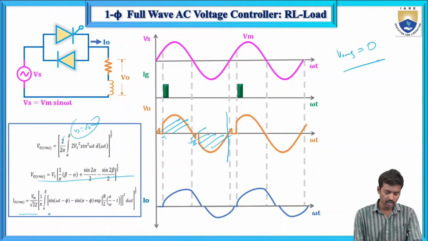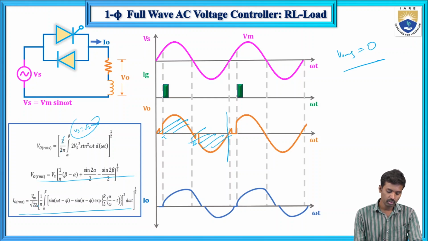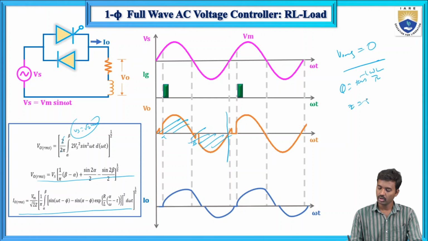Now this is I0 RMS square. I0 RMS equals Vm by root 2 Z, where phi equals tan inverse omega L by R and Z equals under root R square plus omega square L square.